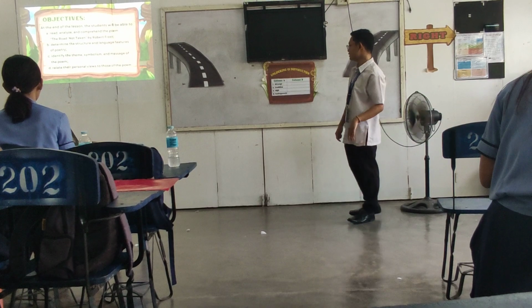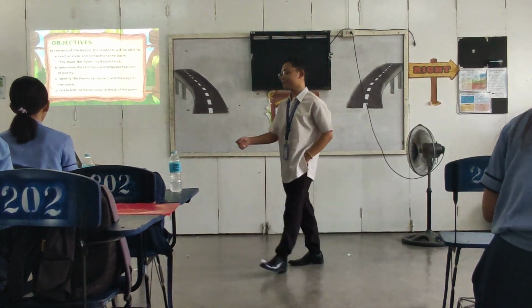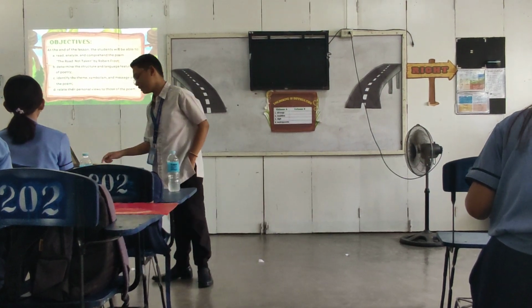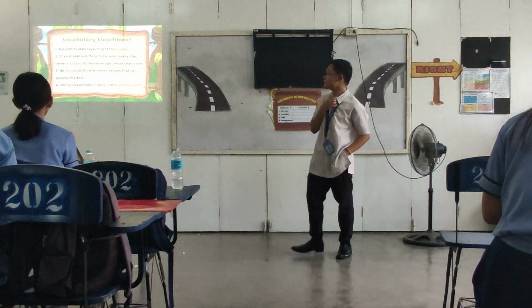So we have the words diverge, prudence, sigh, and undergrowth. So in order for us to know these difficult words, I prepared some examples here to serve as your guide. So kindly read the example.